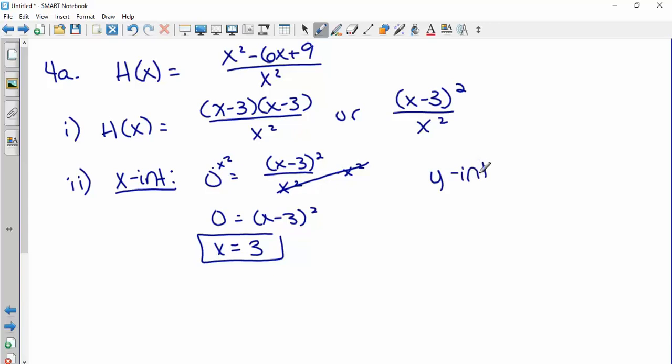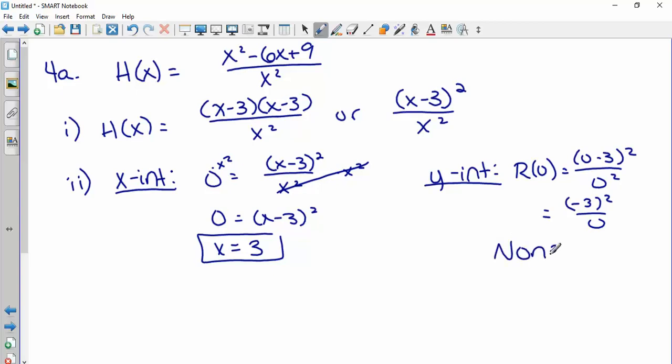Y-intercept is when you plug in a 0 for all of your x's. So we get -3 squared over 0. Can you divide by 0? No. So what does that tell me? There is none. We never hit the y-axis.